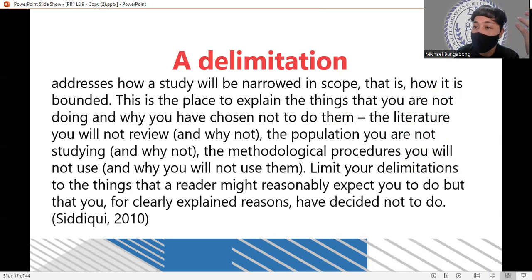Something beyond our control, something that we cannot do, regardless of whatever we did. We cannot change the fact that we cannot get everything, or solve everything in that particular aspect.